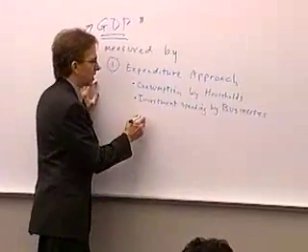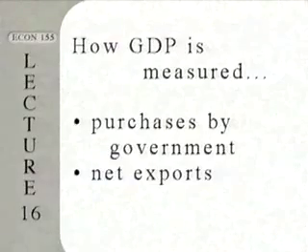The third one is purchases by government. We didn't have the government sector in this circular flow picture. We could draw it complicated enough to include government, but don't need to. And then the fourth expenditure we want to count, net exports.